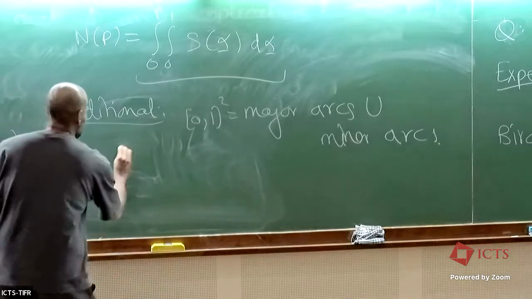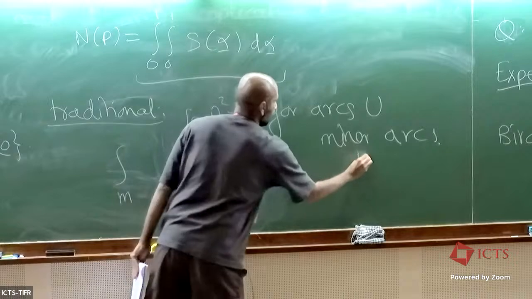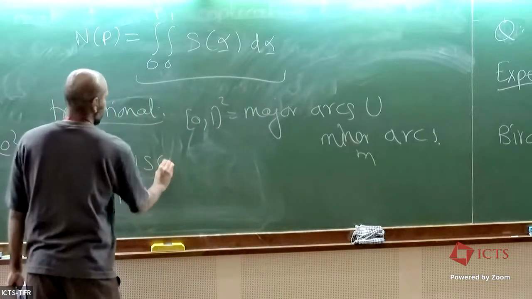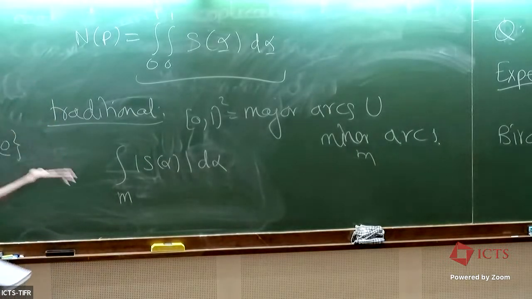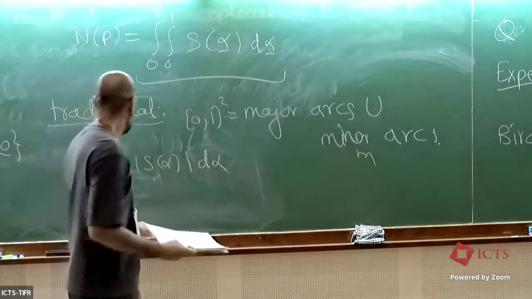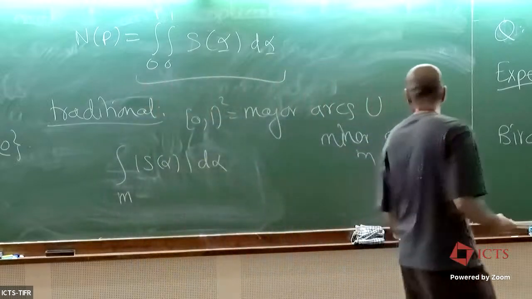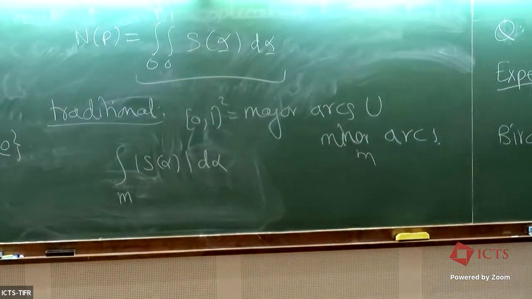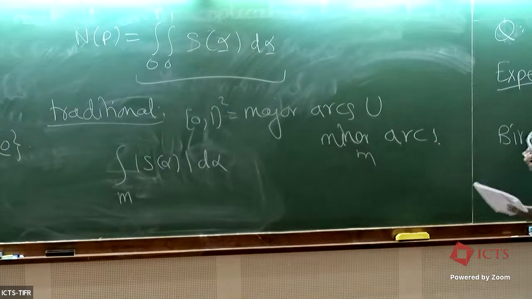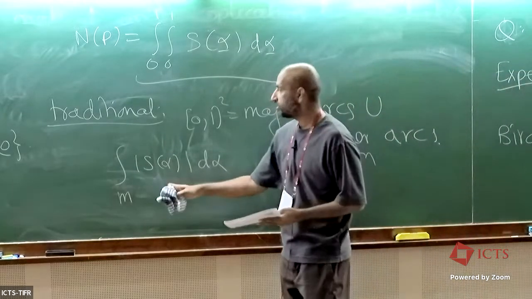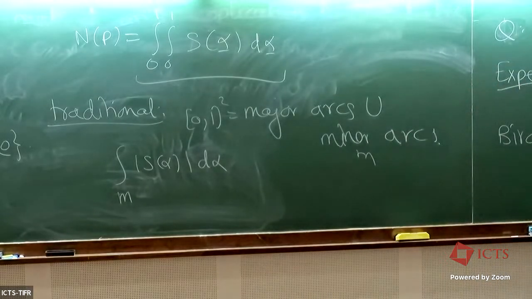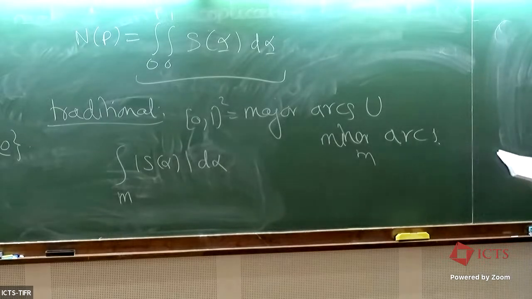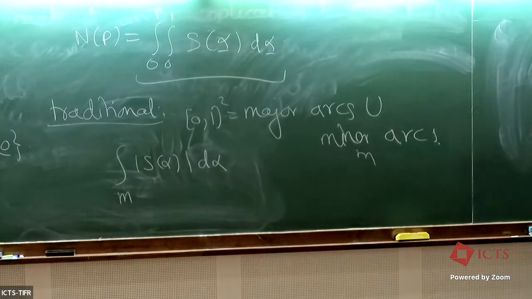And over minor arcs, you typically take the absolute value and try to bound this as an error. But this is very wasteful because if you plot this exponential sum, it has high oscillations. So this was the idea of Kloosterman, to somehow be able to treat major arcs also as minor arcs by using the oscillations of these exponential sums around rationals.